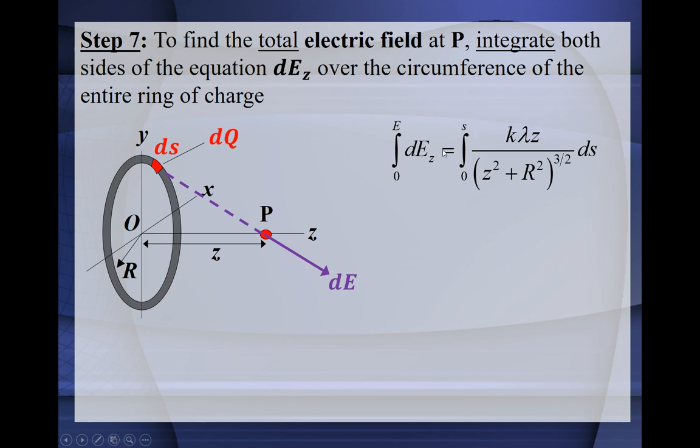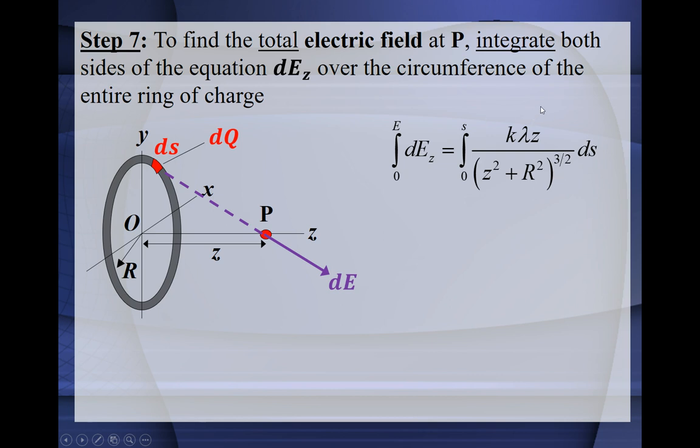Now, this side of the equation simplifies to the total electric field. On this side, before we integrate, we want to pull out anything that's constant. Almost everything here is constant. K is Coulomb's constant, lambda is the linear charge density, z is some fixed position away from the center of the ring, and capital R is the radius of the ring.